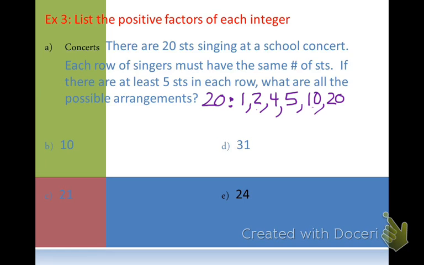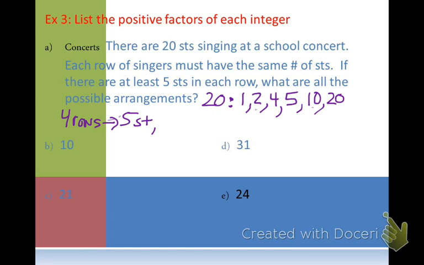So those are all the factors you can have. Let's go over the possible arrangements. I know we want at least 5 students, so I can have 4 rows of 5 students. What's another one?